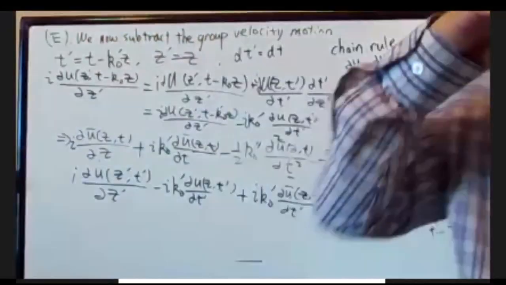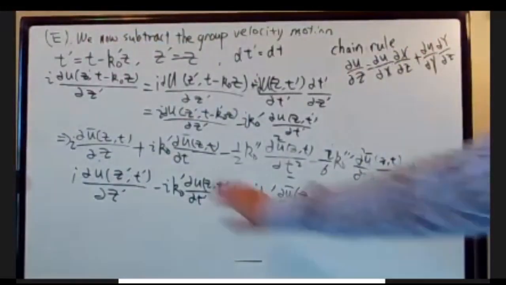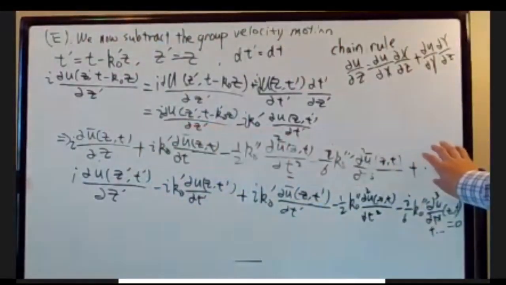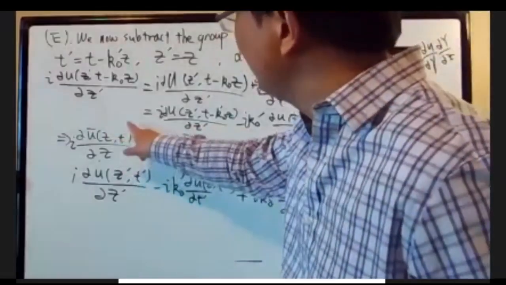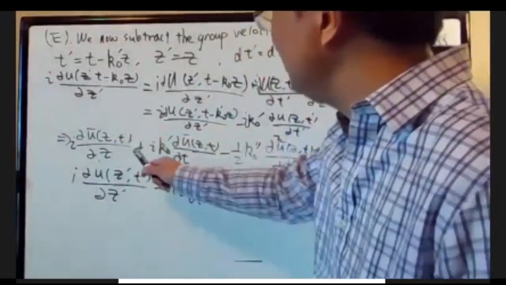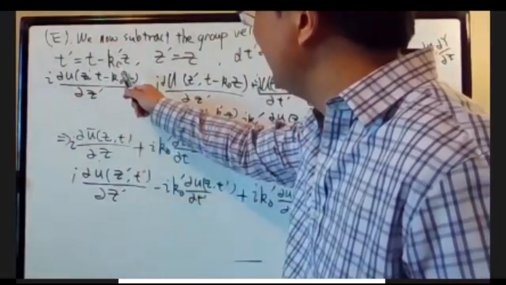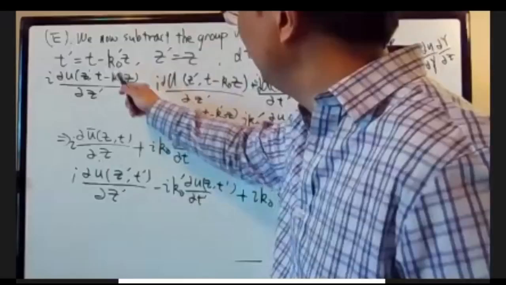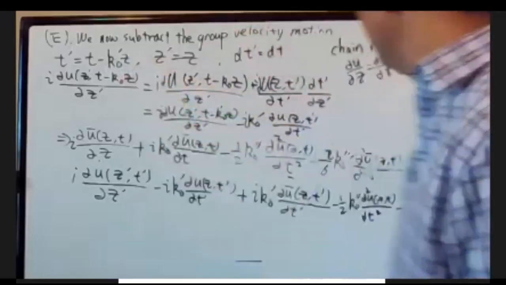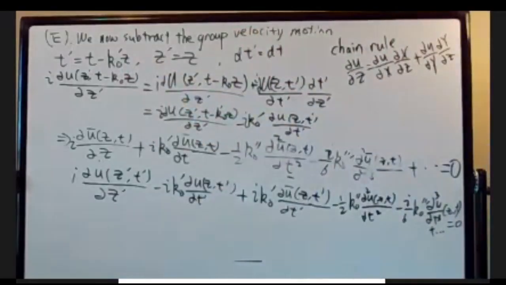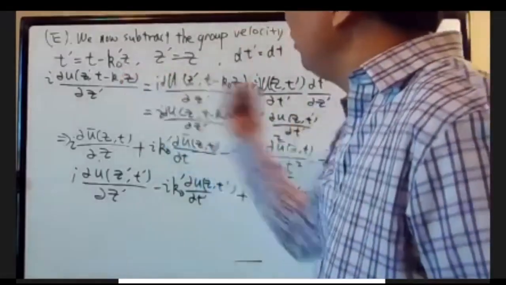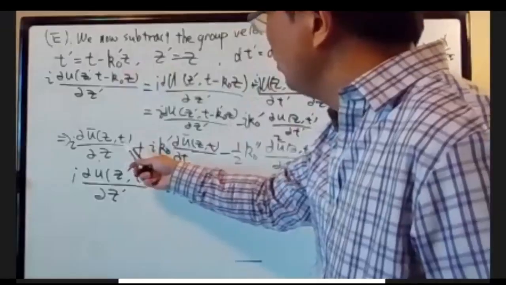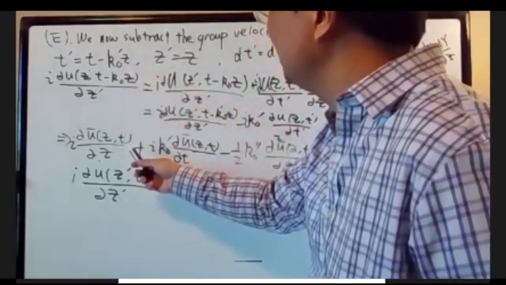Let me explain this equation again. So this is our original equation. This part, I'm going to shift t by k naught prime z, right? So instead of the time varying, what we want is a shifted time.